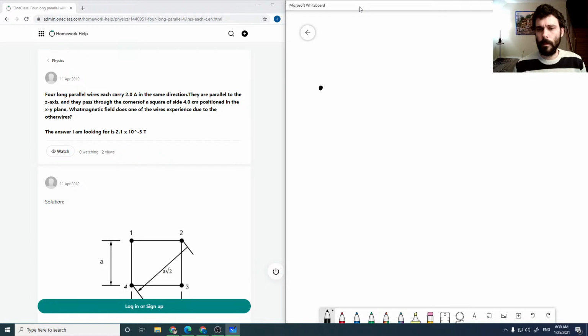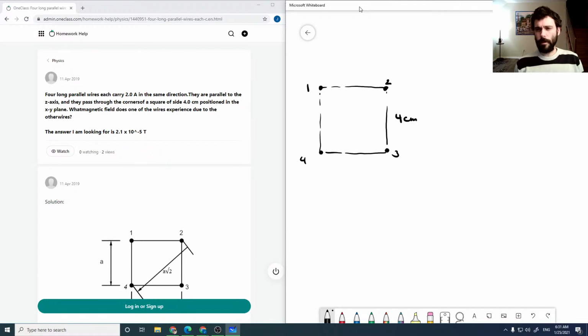So we have 1, 2, 3, 4. So this is our square of side length 4 centimeters.